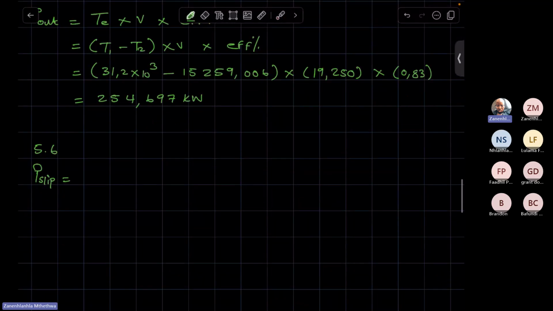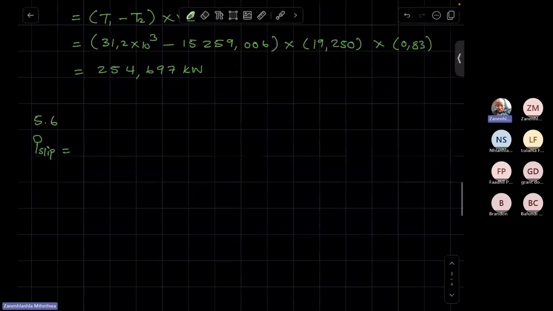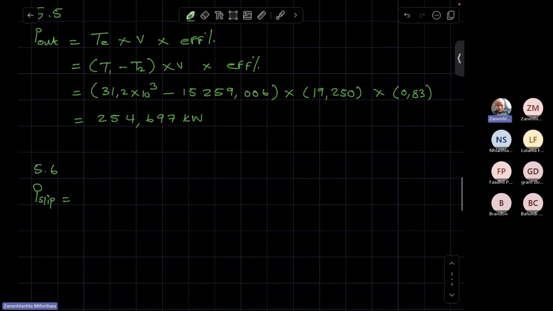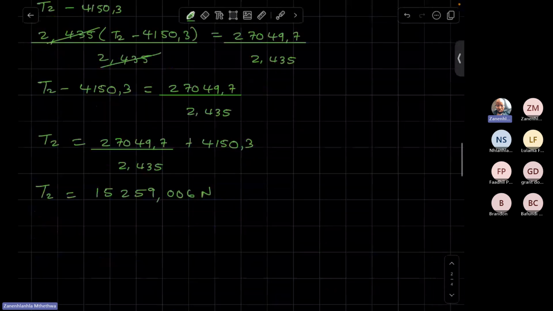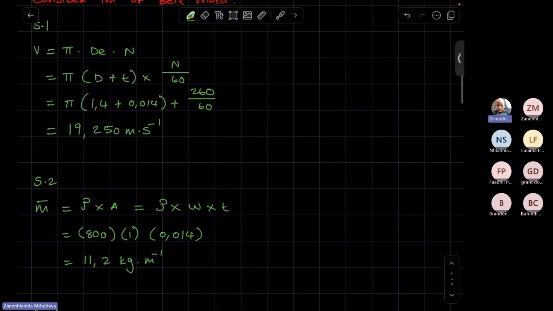Now, regarding how to calculate the power if slip occurs, and slip is occurring when the drive is already not 100% efficient, the simplest way is you look at the percentage of slip.